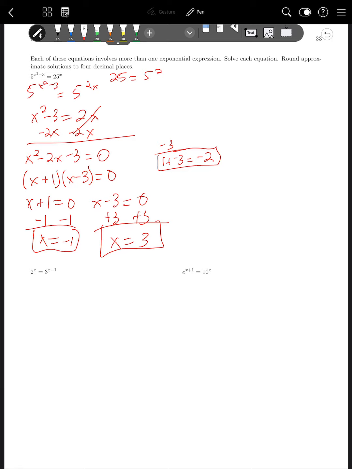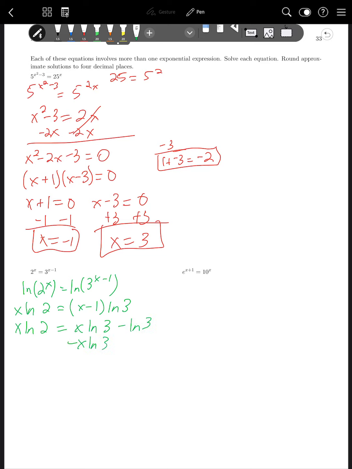But if you can't rewrite the bases using the same number, which you can't really do with 2 and 3, then you have to use what we talked about on the previous page. So take the natural log of both sides. Now use the exponent rule to bring the exponent out in front, distribute to get rid of the parentheses, subtract to get the x's on the same side, combine logarithms by using the difference rule.